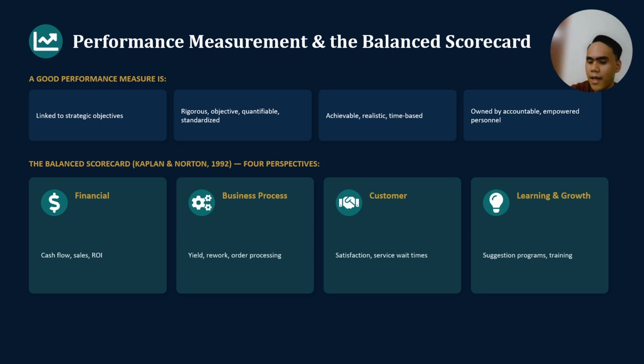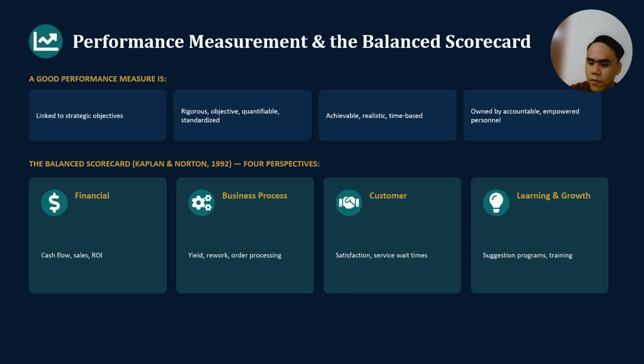So then there's the balanced scorecard introduced by Robert Kaplan and David Norton in 1992. Their core argument was that most strategic plans were unbalanced because they overemphasized just one stakeholder group, the stockholders.